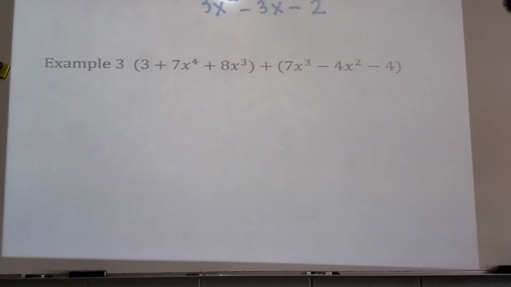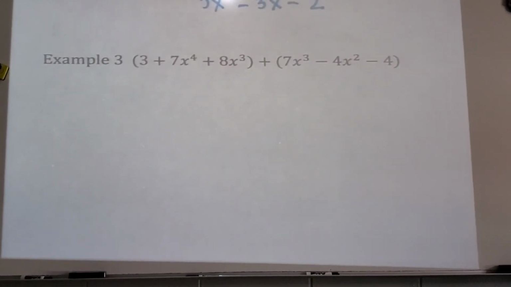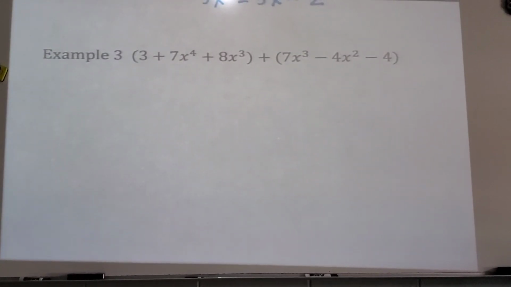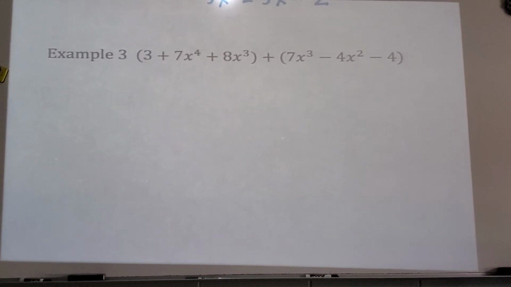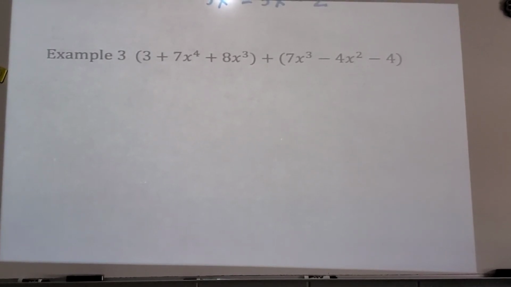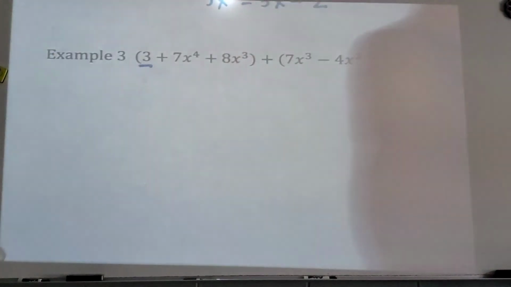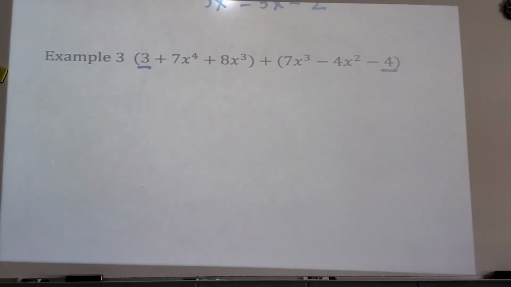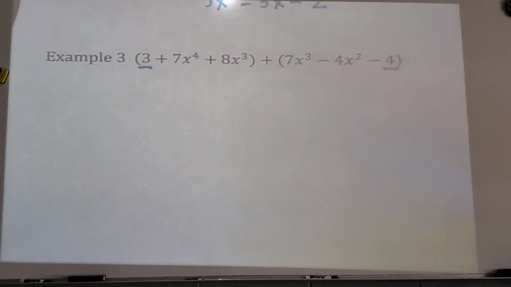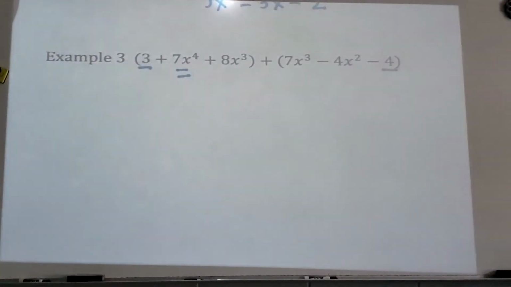Looking at example 3, the first thing that you may notice is that I have a 3 and a negative 4. So I have constants in both. Then I only have 1x to the 4th.